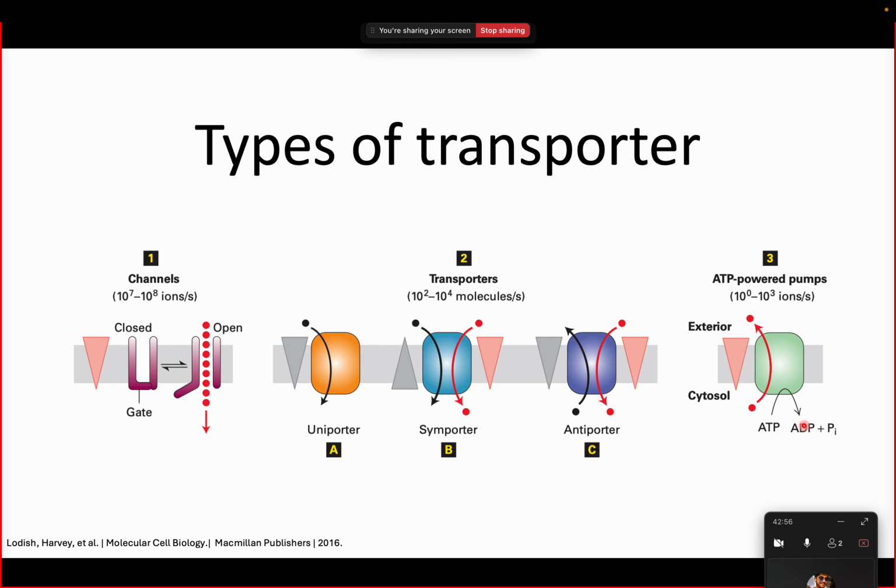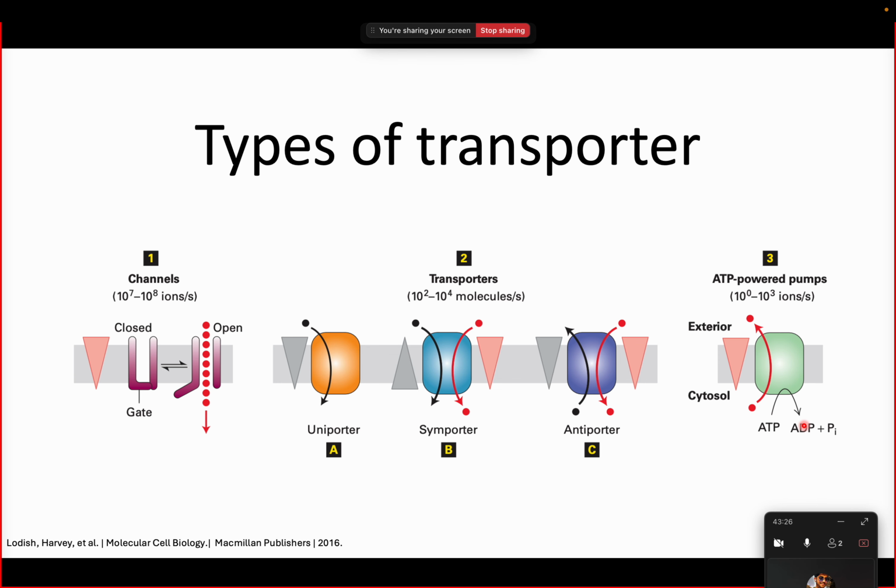As the transportation is of different types, hence the transporters are of different types. If we talk about channels, these are just like an opening in the membrane, and they open and close based upon the stimulus, and they mostly transport substrate from its higher concentration to its lower concentration. Second, we have transporters. Transporters are the ones which actually transport substrate by involving a conformational change in the protein.